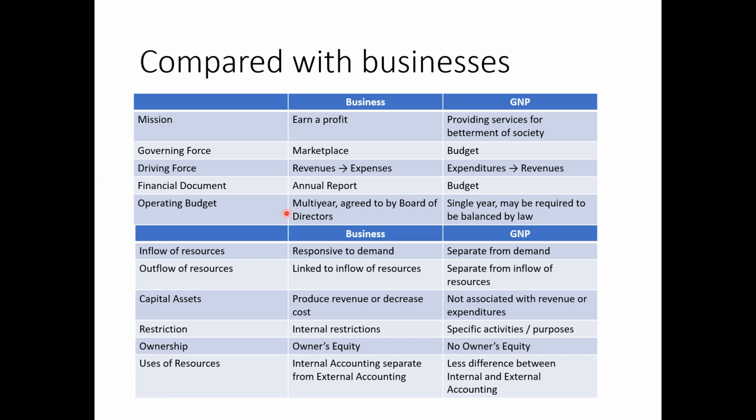And other differences, for example, in terms of budget, as I said, the business has a budget for internal use, and those are typically multiple-year budgets. But for government and not-for-profit, typically it's a single-year budget.